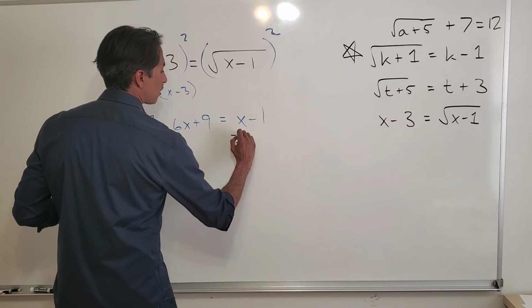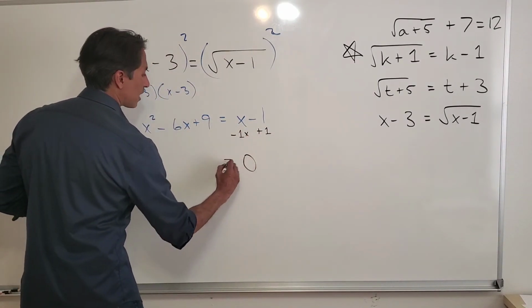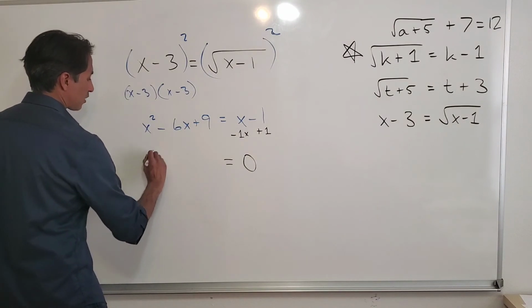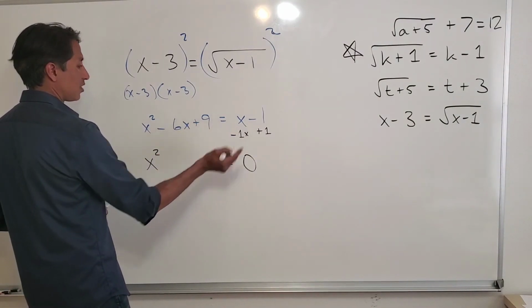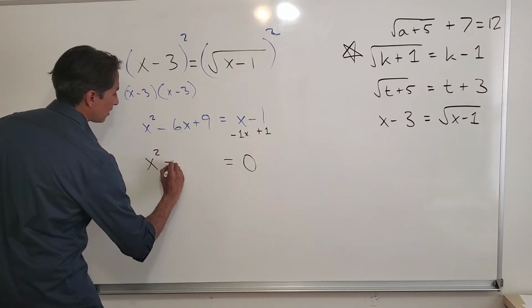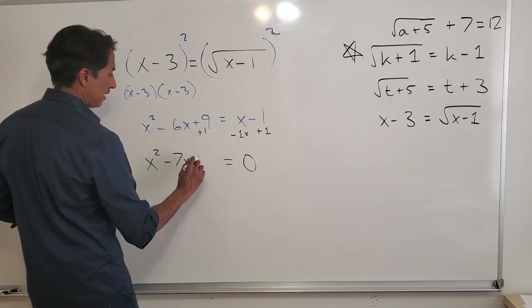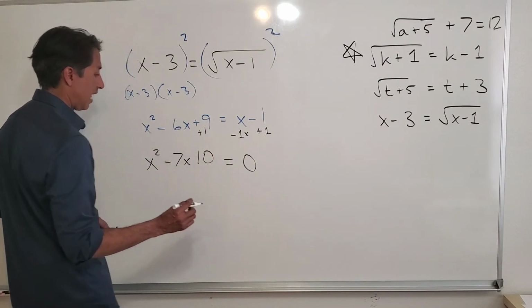So I'm going to subtract 1x and I'm going to add a 1 because that's going to cancel those out. So I have x squared, 1x, that's a 0, right? Negative 6x minus 1 more x is negative 7x. And I'm going to add 1 to both of these, and I'm going to get a 10.